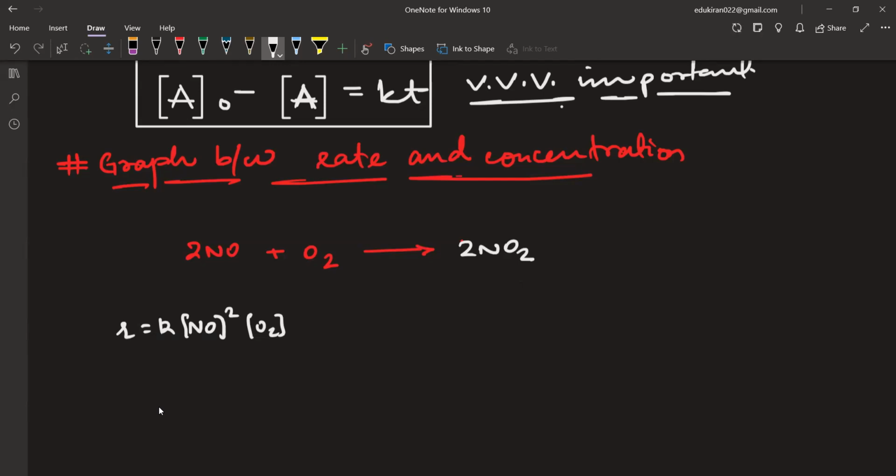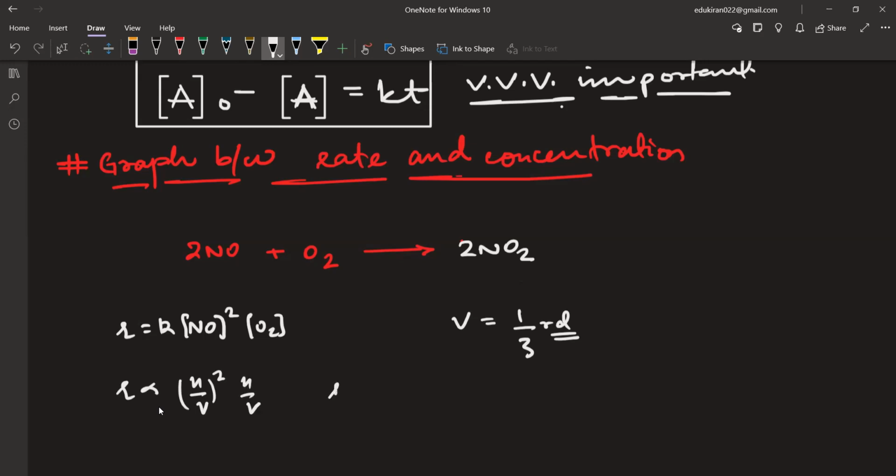Now, how will the rate of the reaction change if the volume of the reaction vessel is diminished to 1/3? What is going to happen if the volume is 1/3? So R is directly proportional to the concentration. Concentration means number of moles upon volume, squared for NO, and number of moles upon volume for O2, right?